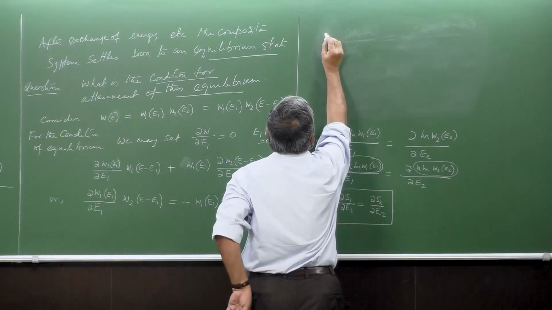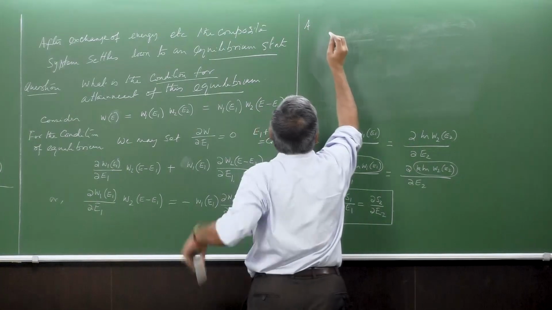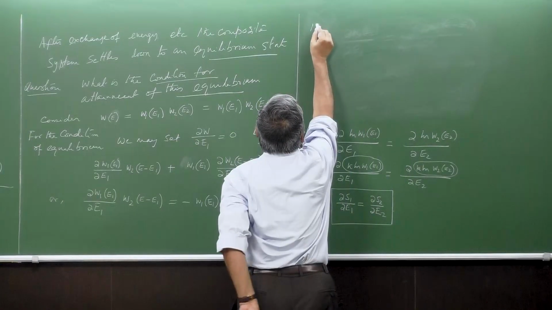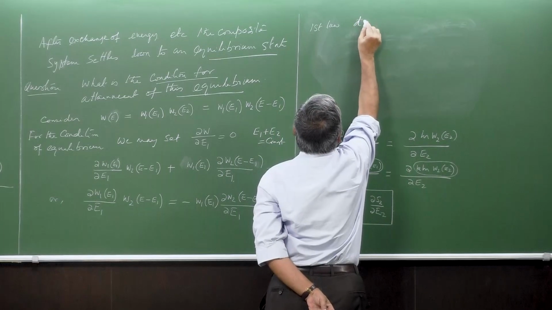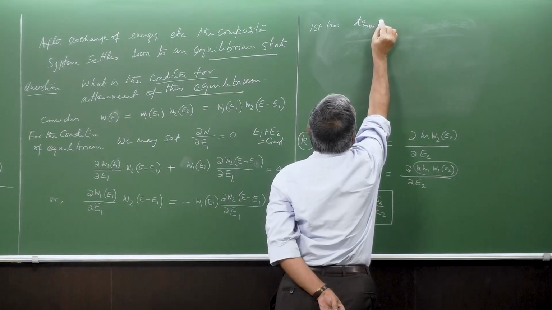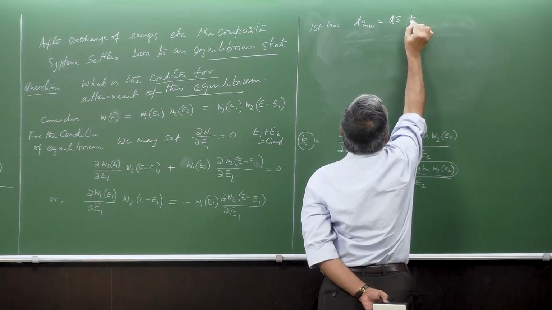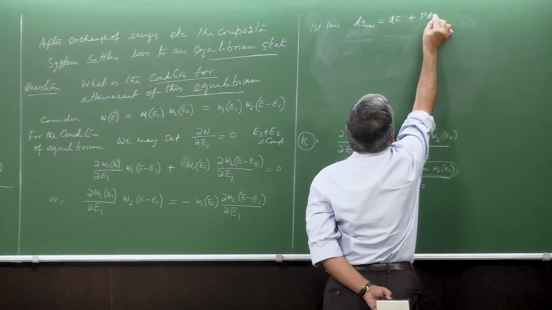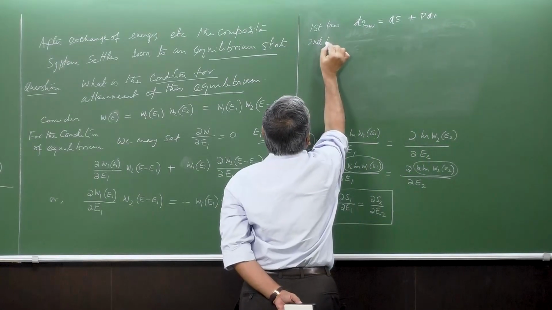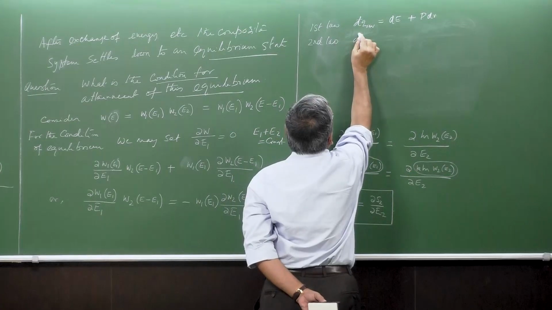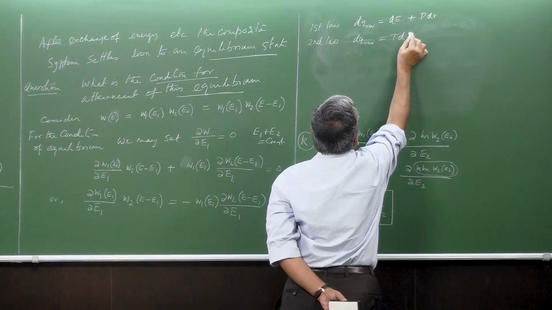So we know the combination, say the first law, is dq reversible equal to dE plus P dV, and the second law I state to be dq reversible equal to T dS.